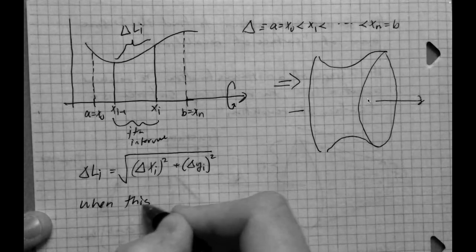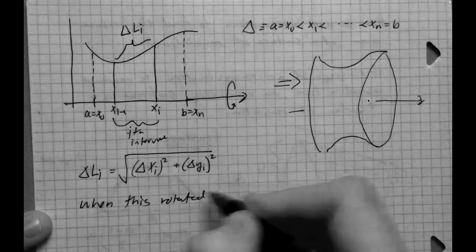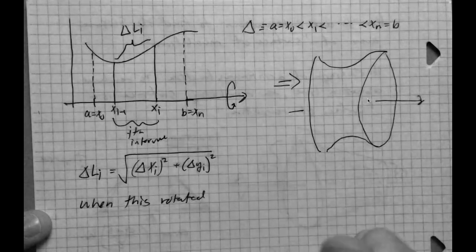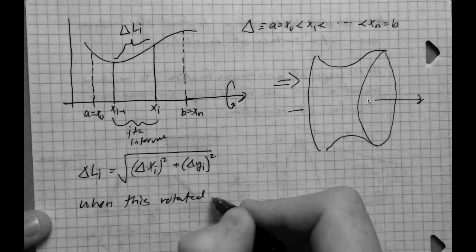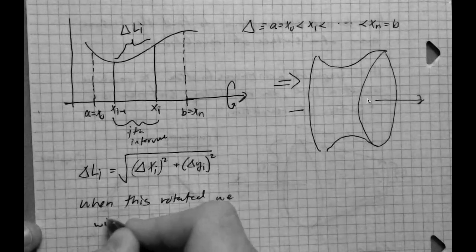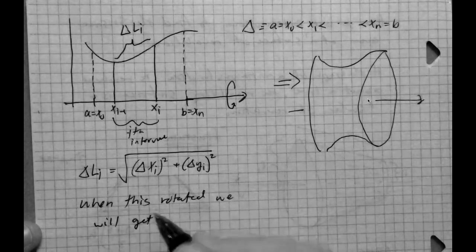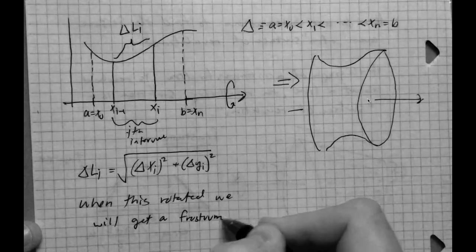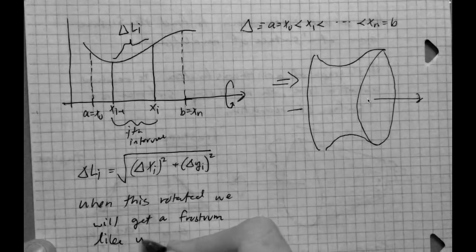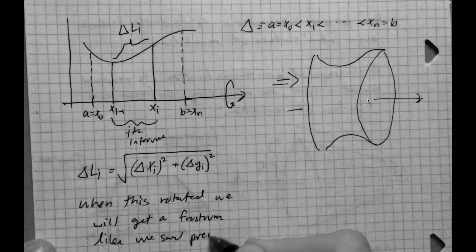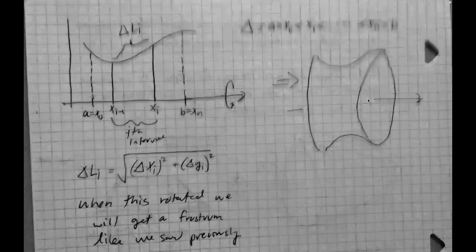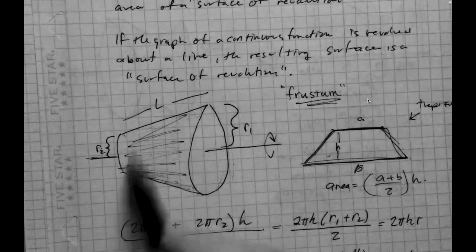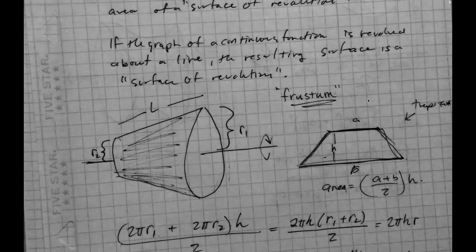When this is rotated, just this segment here, this ith interval segment, is rotated, we will get a frustum like we saw previously. Okay, so like this guy here. I remember this figure here.